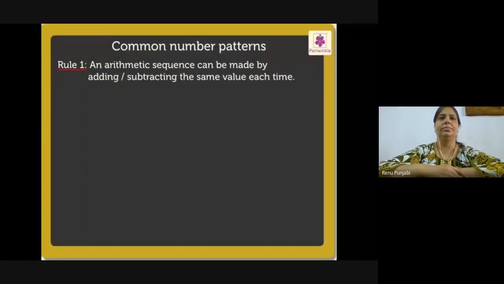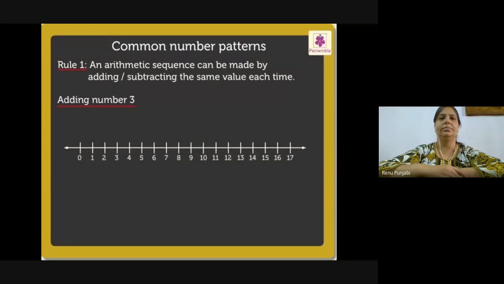Let's see how to get an arithmetic sequence by adding number 3 each time. Look at the number line. Start with number 1. So, here on adding 3 to 1, we get the answer as 4.